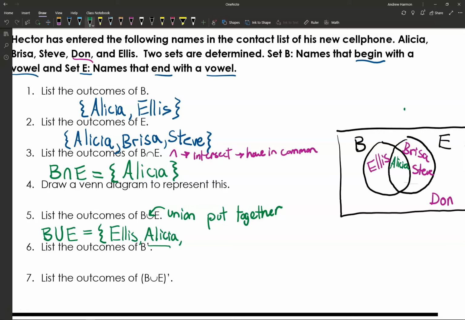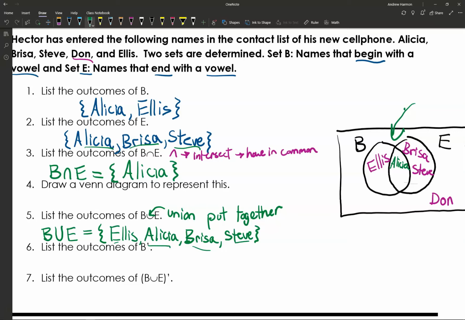I don't want any repeating elements. Since I have Alicia once, I don't need to write her again. And then also in E I have Brissa and Steve. So I'm going to write Brissa and Steve. And that's it. So notice there are 4 people listed inside both these circles. So the union of those are those 4 people listed.